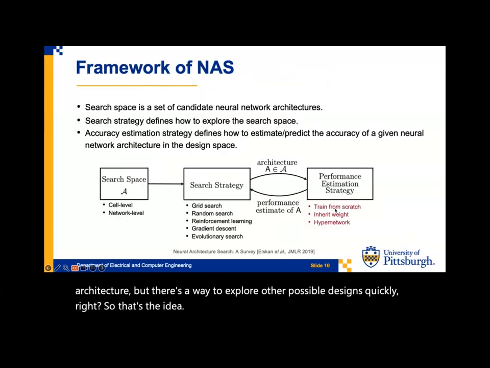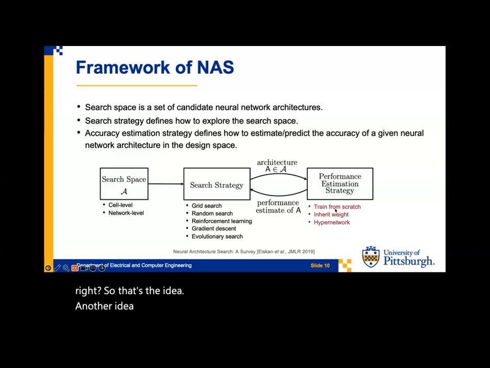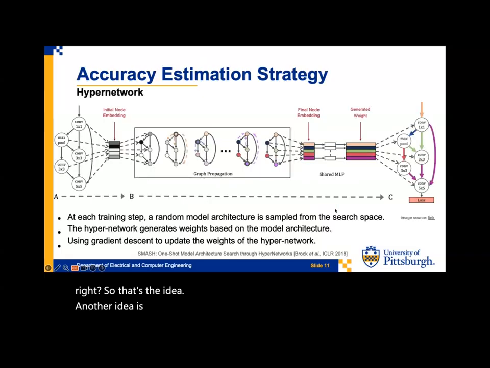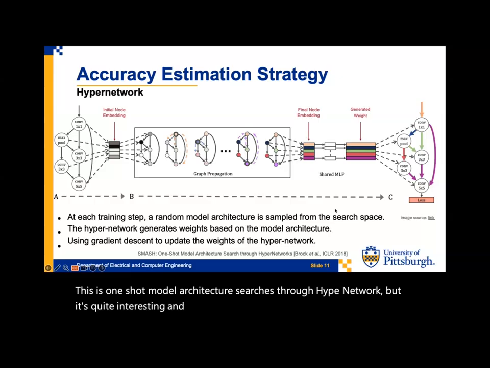Another idea is this hypernetwork. This SMASH paper is one-shot model architecture search through hypernetworks. It's quite interesting. At each training step, a random model architecture is sampled from the search space.